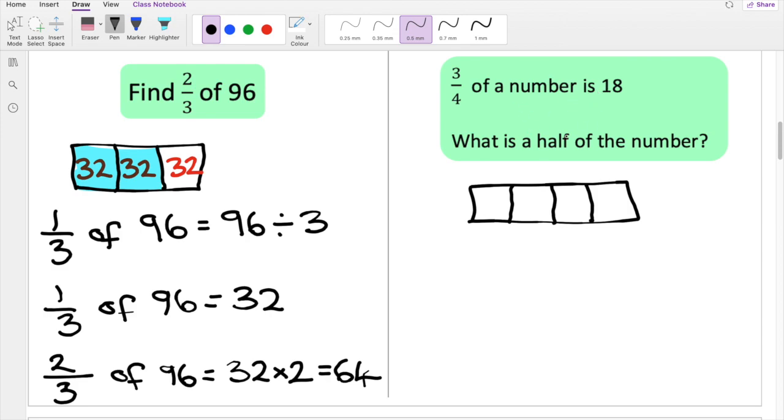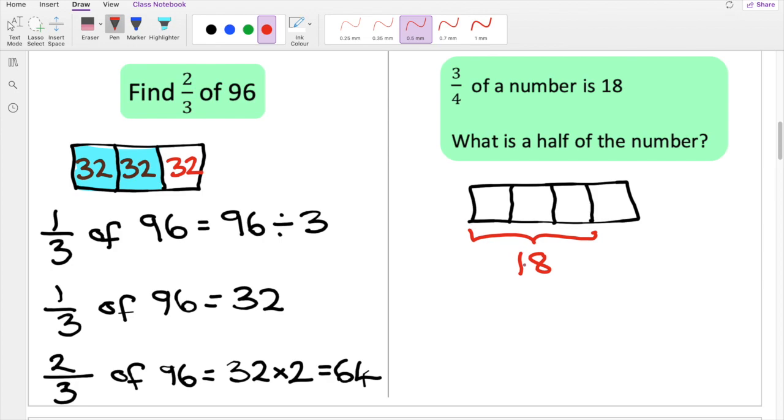Now the first step that a lot of people make here is trying to find 3/4 of 18, but that is not what the question is asking. 3/4 of a number is 18. So I can say, well, if I have my rectangle here, 3 of these parts represent 18, because 3/4 is worth 18.